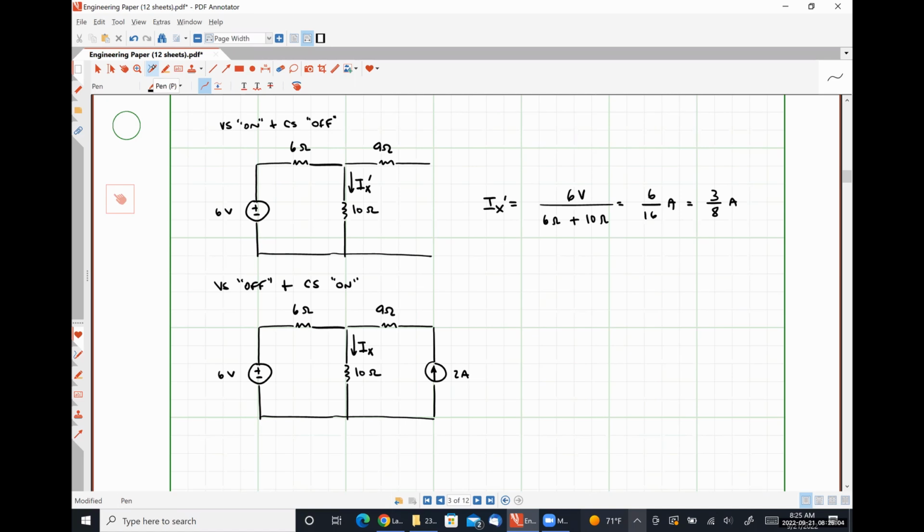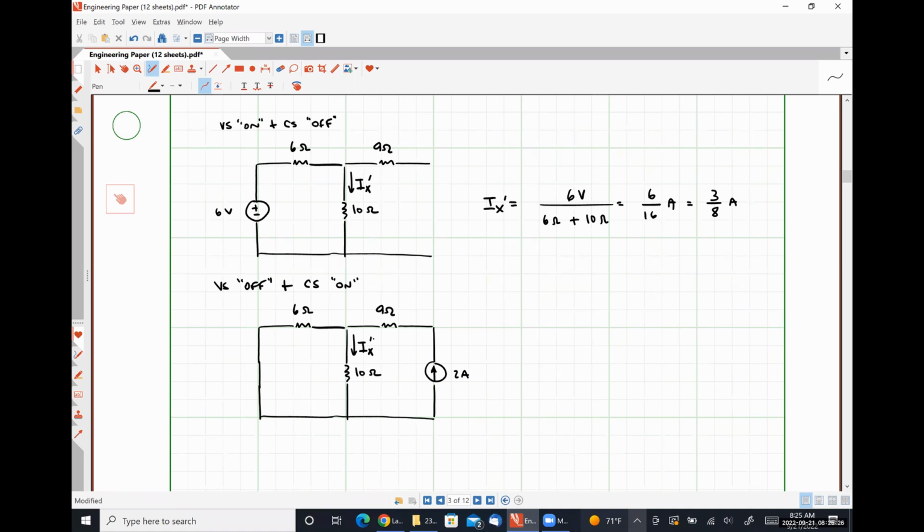So what do we know that always has a 0 volt voltage drop over it? A wire or a short circuit. So we replace our 6-volt source with a wire. That's how we turn a voltage source off. And now we have this circuit to analyze.